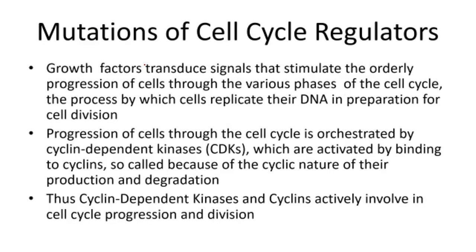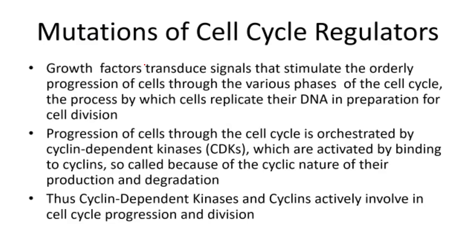So mutations in cell cycle regulators, growth factors, and signal transducers stimulate an orderly progress. So cell cycle is a very regulated process. There are cyclin dependent kinases and cyclin dependent kinase inhibitors. All these are tightly regulated so that the cell cycle actually happens in an orderly fashion.